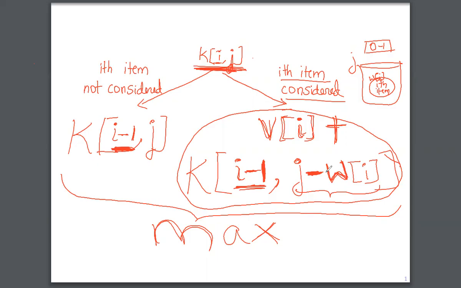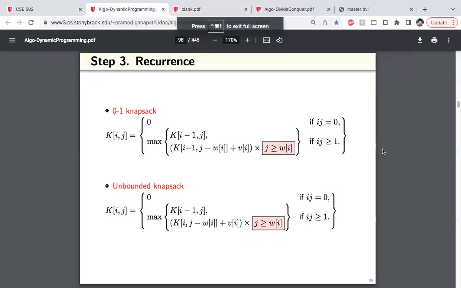In every DP problem, the core idea will be the same. Does this make sense? That's your recurrence, for I, J greater than or equal to 0. Now, what is the meaning of the base case? Either I is equal to 0 or J is equal to 0. If I is equal to 0, there are no items, so the value will be 0.